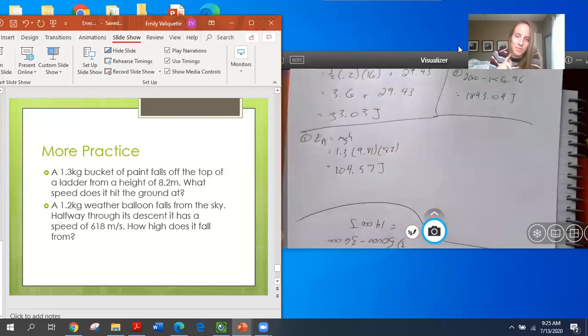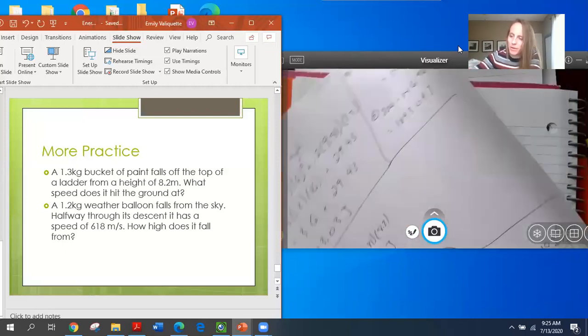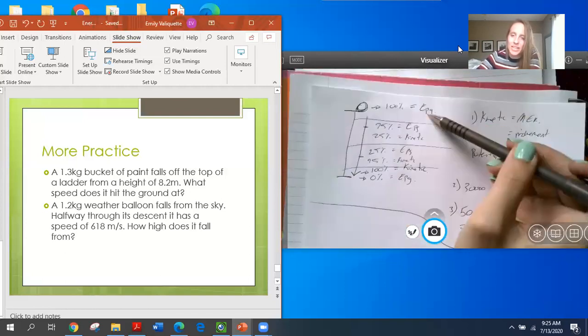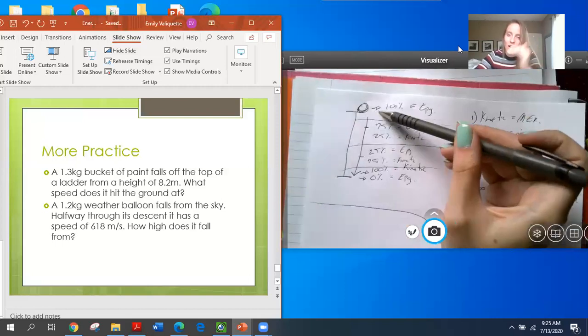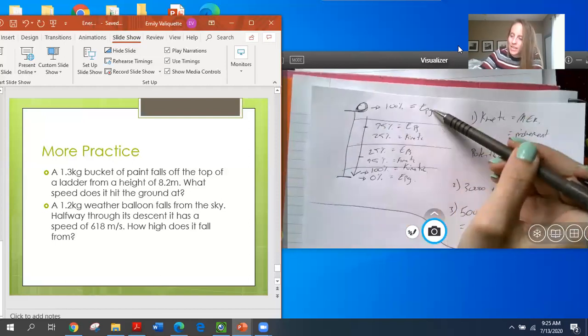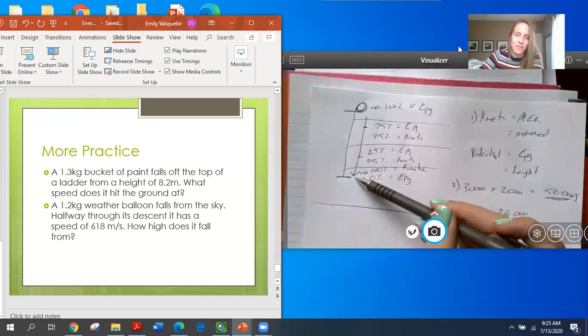Now, the next part is a little bit tricky because it's asking for the speed that it hits the ground at. And so what you have to remember is what we were talking about here, that whatever the gravitational energy is at the top where this object starts off, 100% of that gravitational energy is going to be kinetic energy by the time the object hits the ground.